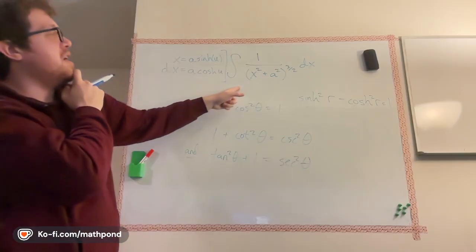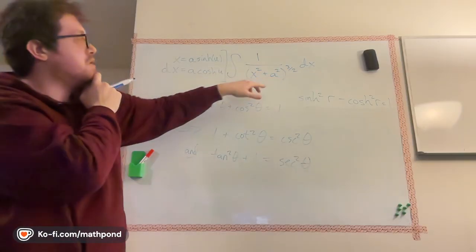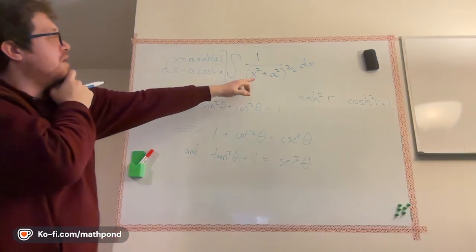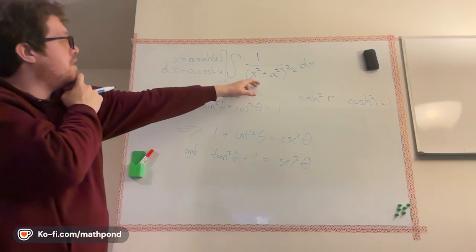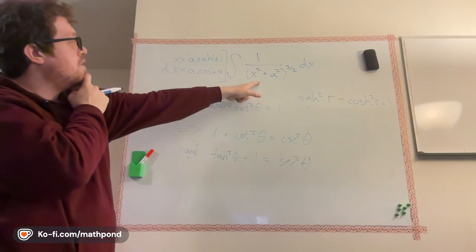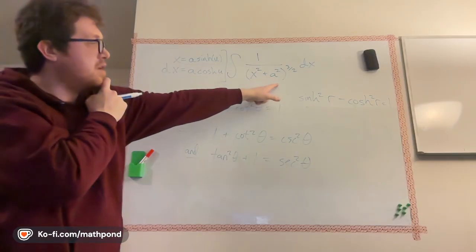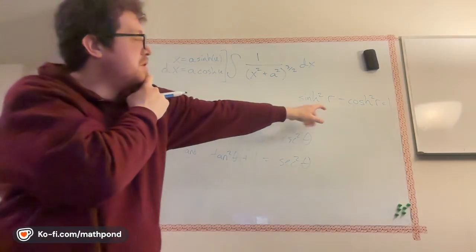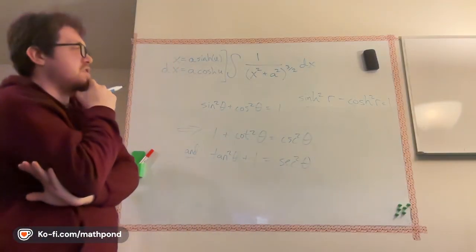So I'll factor out a squared to the 3 over 2, and I'll have hyperbolic sine of u squared plus 1. But that's not the identity I have here, so I need a different identity.